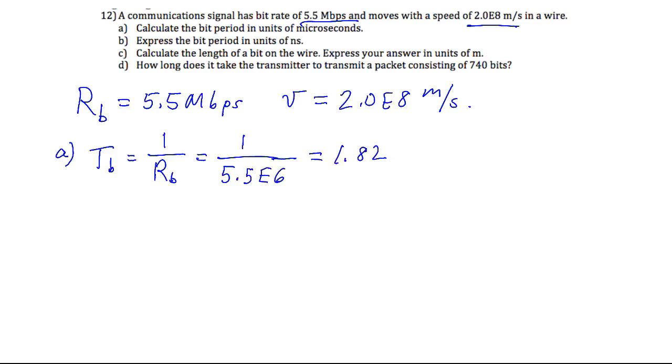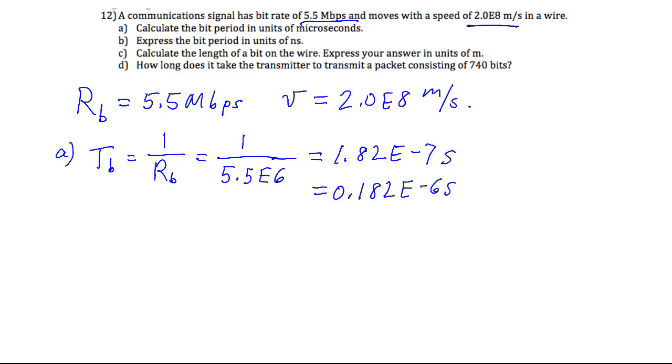1.82, let's see if I can get my calculator, 1, 2, 3, 4, 5, 6, 7 times 10 to the minus 7th seconds. And so this is 0.182 times 10 to the minus 6 seconds.